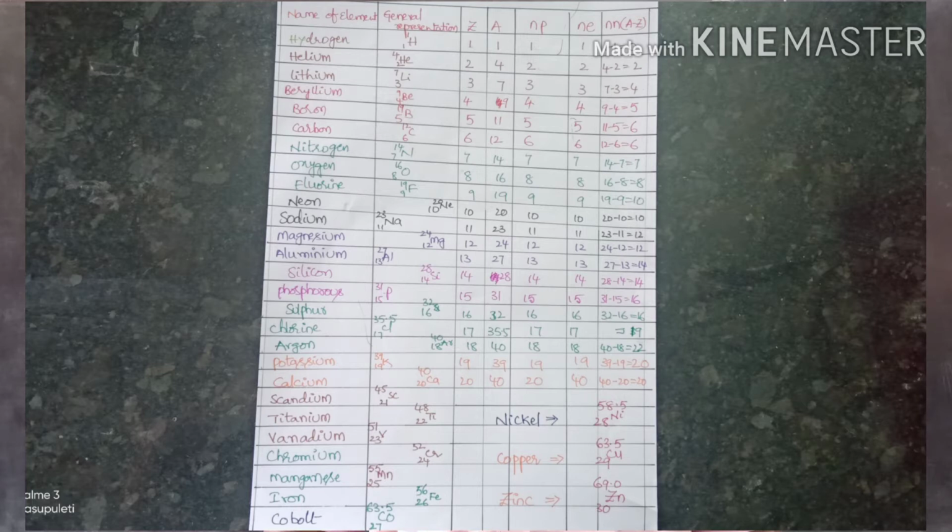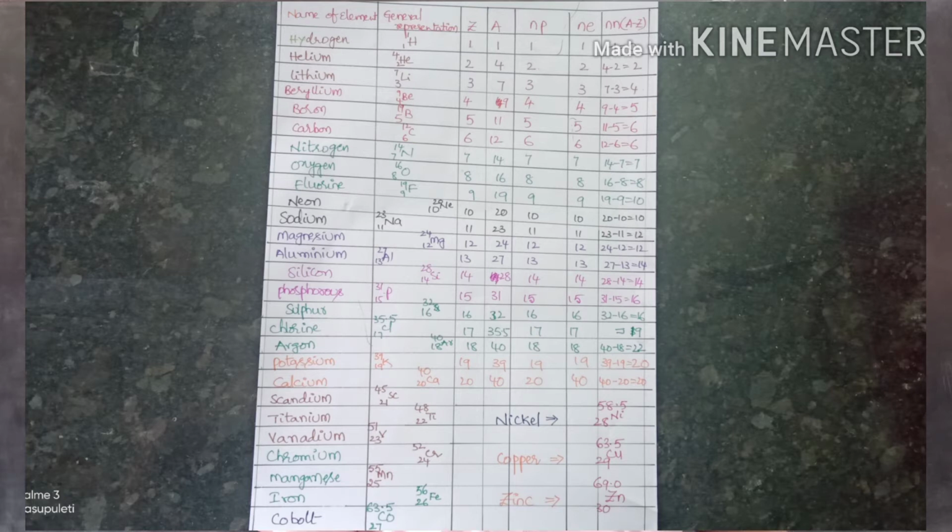Lithium, Li37, its atomic number is 3, mass number is 7. Beryllium, whose representation is Be49, its atomic number is 4, mass number is 9.